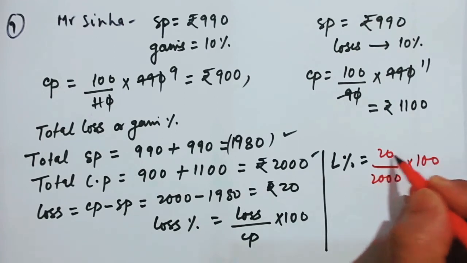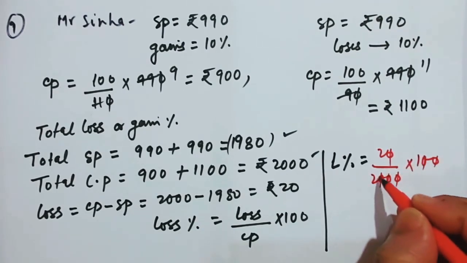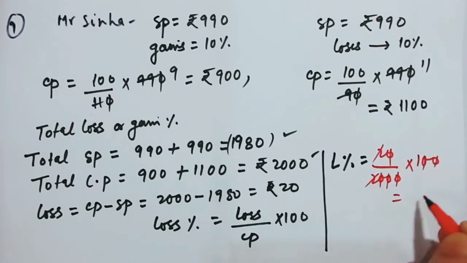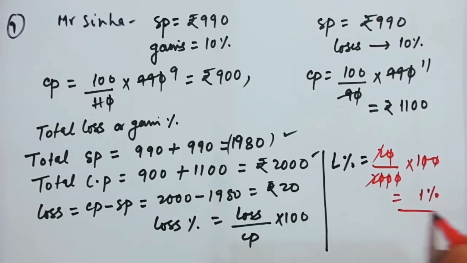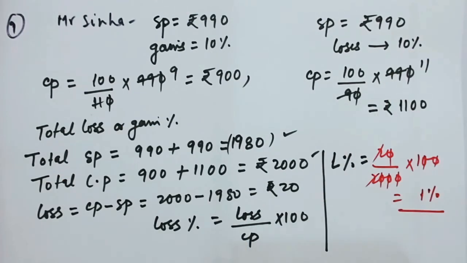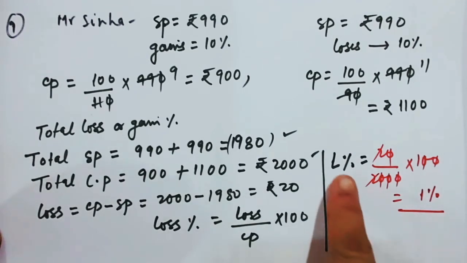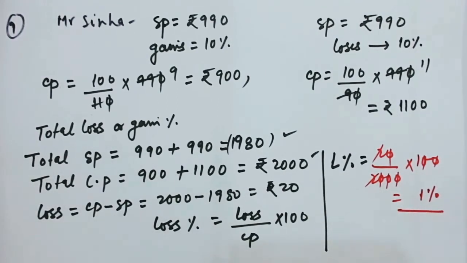So you can clearly see that it will give you 1% loss percent. This means on the whole transaction, on selling two tape recorders, incurring 10% gain on one and 10% loss on the other, this fellow incurs just a loss of 1% on the total value. Okay.